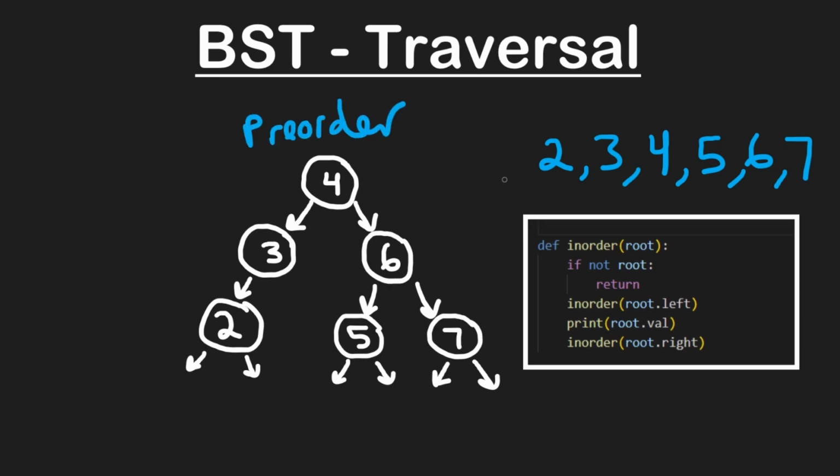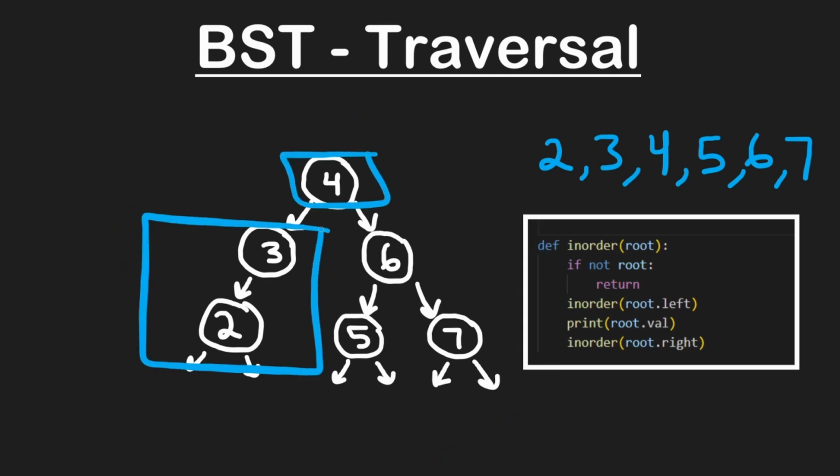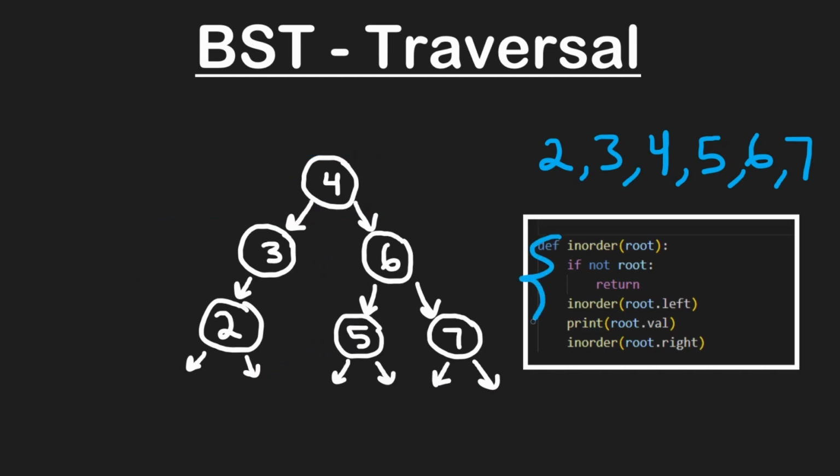So let me ask you, if we wanted to traverse this tree such that we visit 4, we print 4, and then we print its entire left subtree, and then we print its entire right subtree, aka pre-order traversal, how would you augment this in-order function that we have over here? The good thing is we don't have to change much. We just have to swap the order of these two lines over here.